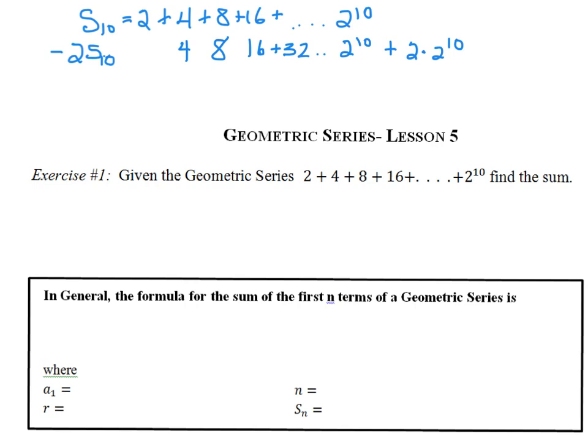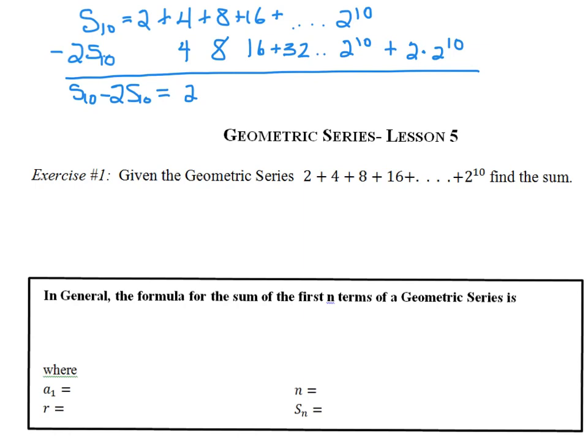Now I'm going to subtract that whole line. When I subtract that whole line, I now have, on the left side, S10 minus 2S10. On the right side, you'll notice that when I subtract the top minus the bottom, the 2 stays in my total.